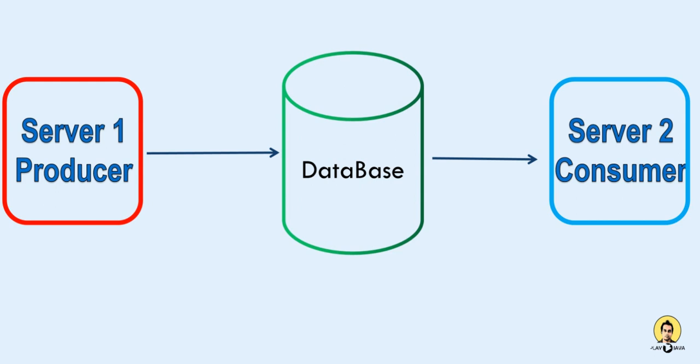The read and write operations performed in any particular system are called throughput. The database's throughput is very low, so read and write operations at high volume are not performed easily.